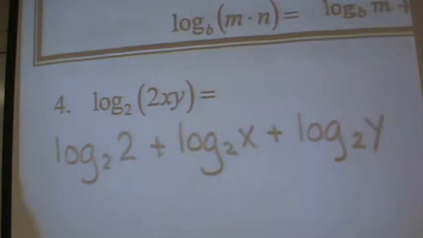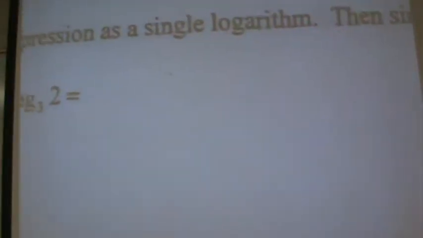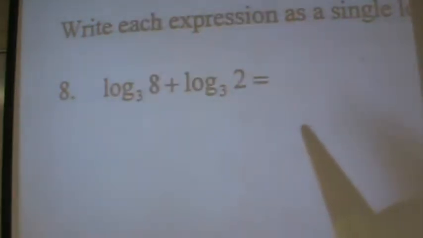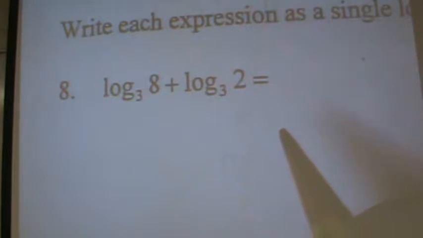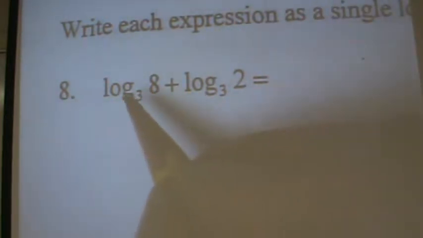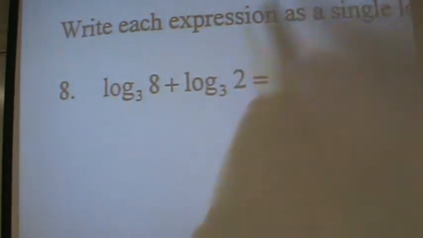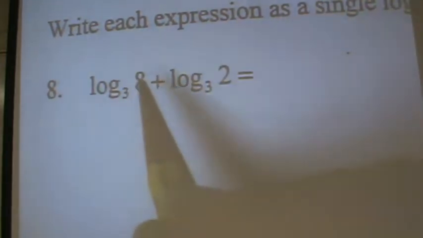Okay, with that said, flip to number 8. Can you go the other direction? If you see a plus sign with two bases that are the same, how would you express this as a single log?